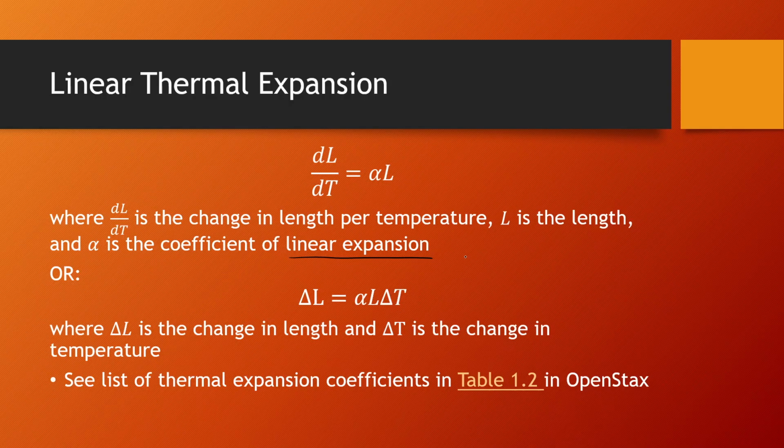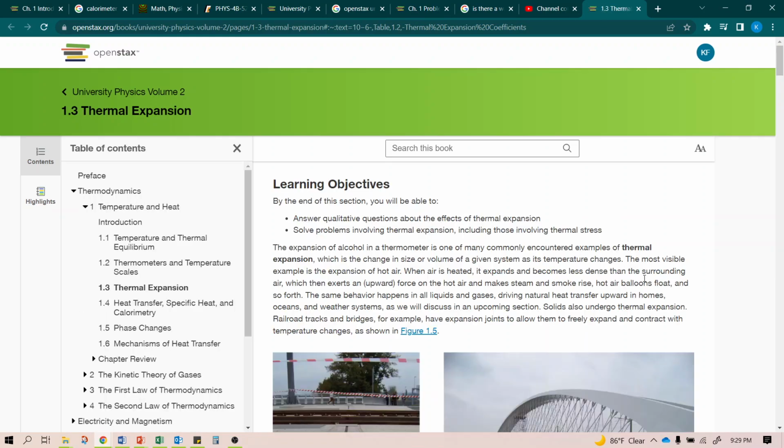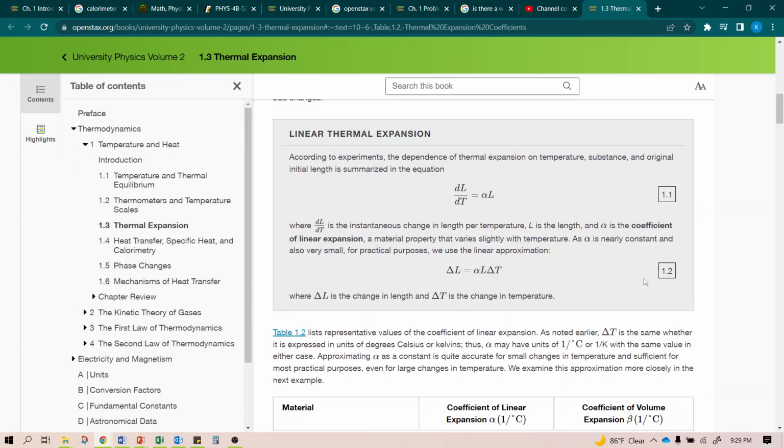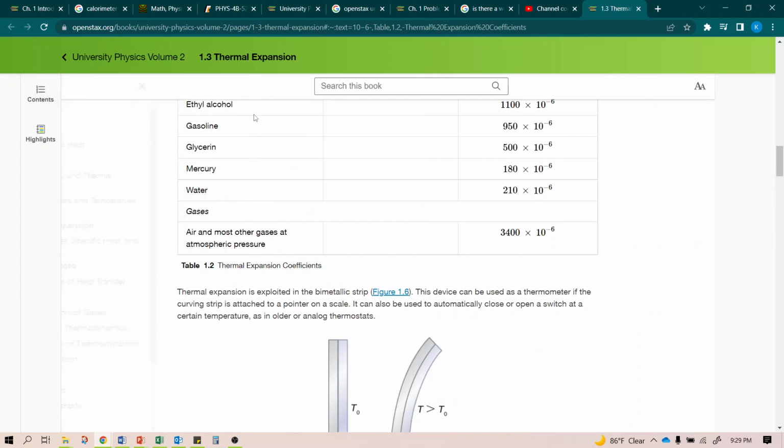And there is a list of thermal expansion coefficients in OpenStax, and I'm just going to go ahead and click on it so that we can view it. Ignore the many tabs that I have open. All right, so if I click on that, it should take me, well, it didn't, but it should take you to table 1.2, thermal expansion coefficients.